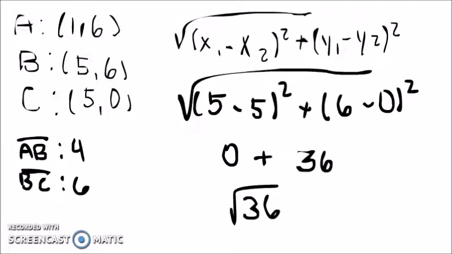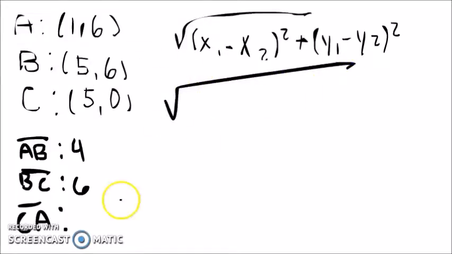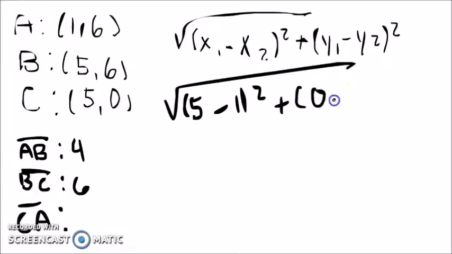Okay. So, last but not least, we will have to find the measurement of CA. So, let's fill in the blanks. So, x1 is 5 minus 1 squared plus y1 is 0 minus 6 squared.